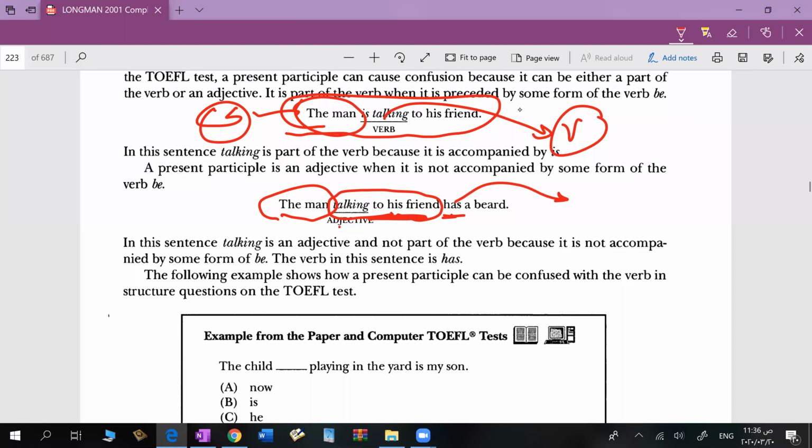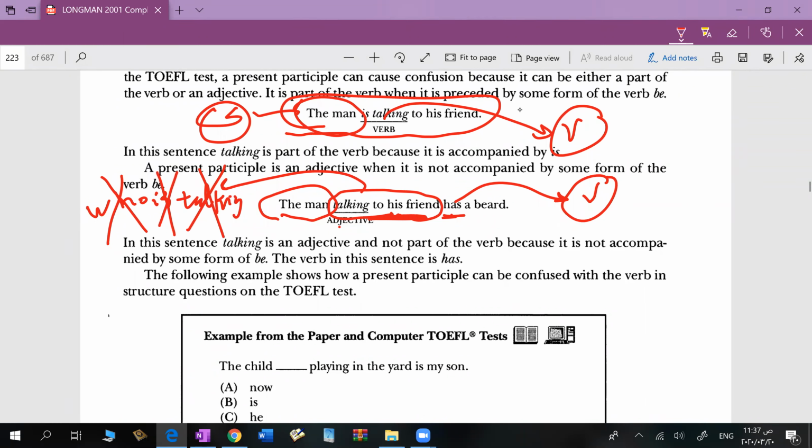This is the verb. So this sentence, what was it originally? It was originally the man who is talking, or the man who talks has a beard. And we deleted who, we deleted is, we deleted talking, and we only got, instead of all this, a present participle, which is talking.